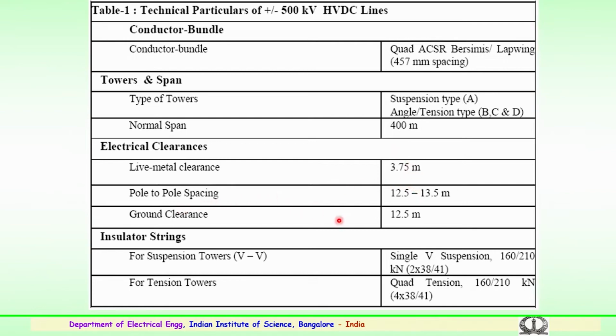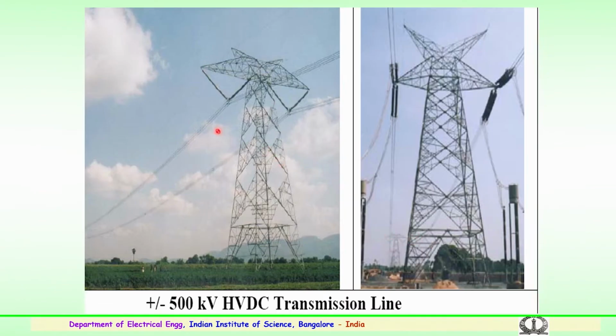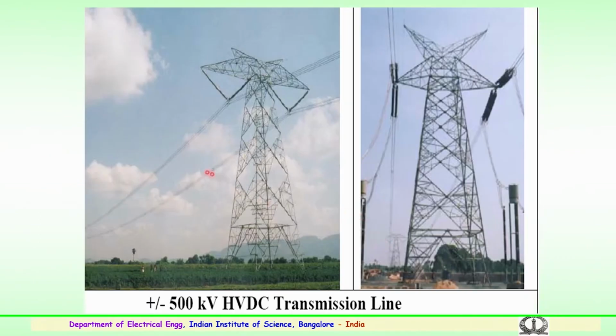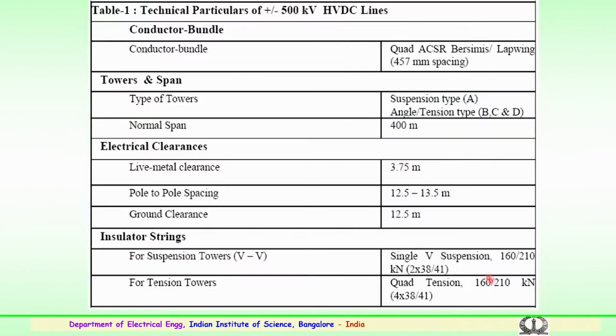Then the pole to pole spacing is 12.5 to 13.5 meters. The minimum ground clearance, from the conductor to the ground, is 12.5 meters for 500 kV HVDC towers.